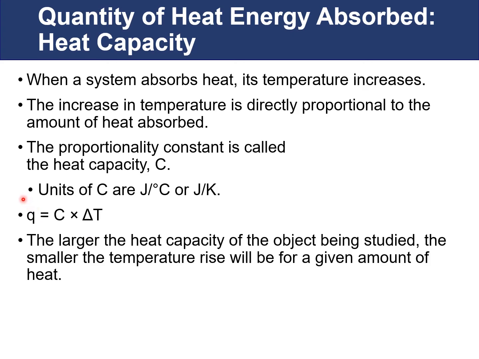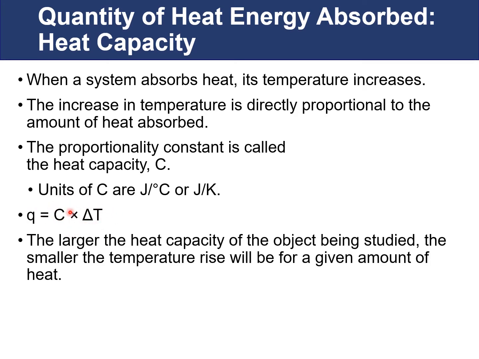Or you could say, after applying 2 joules of heat to an object, what temperature should it be? And so that would be, you're looking for the change in temperature, you know your Q, and you know your heat capacity. Yet another one could be, you apply maybe 5 joules of heat, you notice that the temperature increases by 1 degree Celsius.